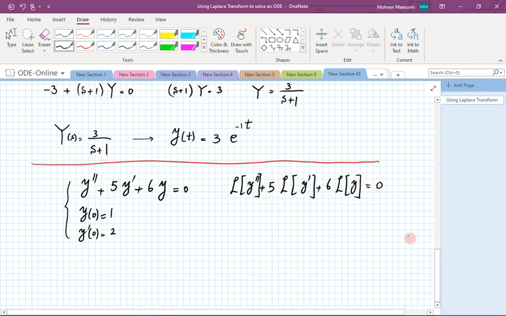So what next? Well, a less crowded way of writing the Laplace transform of y is just to represent it by capital Y. For y prime, we remember that the Laplace transform turned out to be minus y0 plus s times capital Y. And for the Laplace transform of a second derivative, we remember the answer was minus y prime 0 minus s y0 plus s squared times the Laplace transform of y.